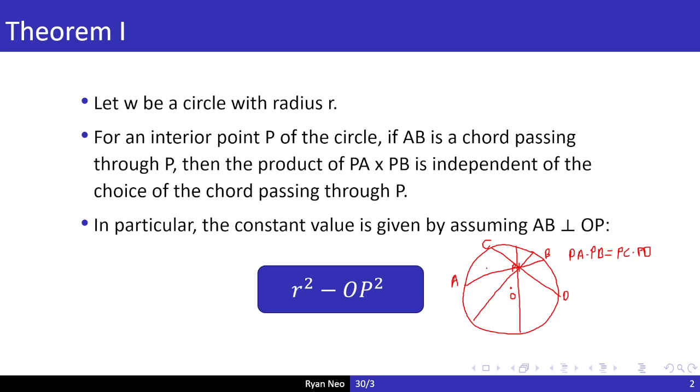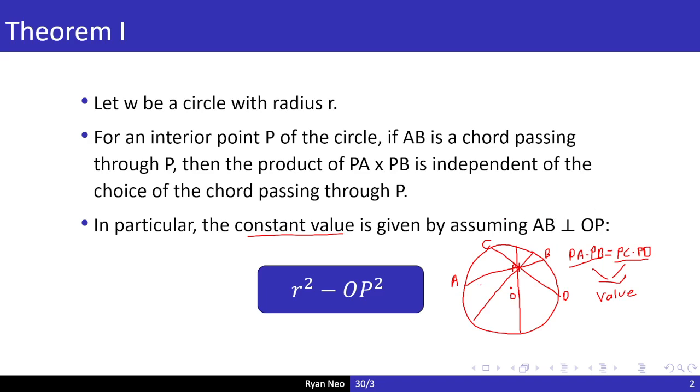So that's the theorem. Specifically, these products all have a fixed value. The constant value here is given by assuming AB perpendicular to OP.